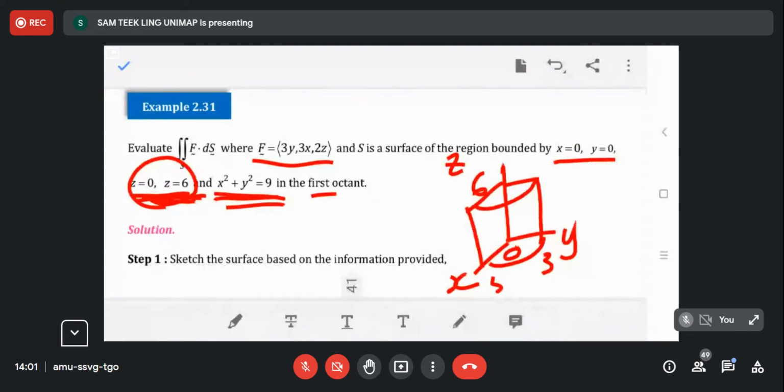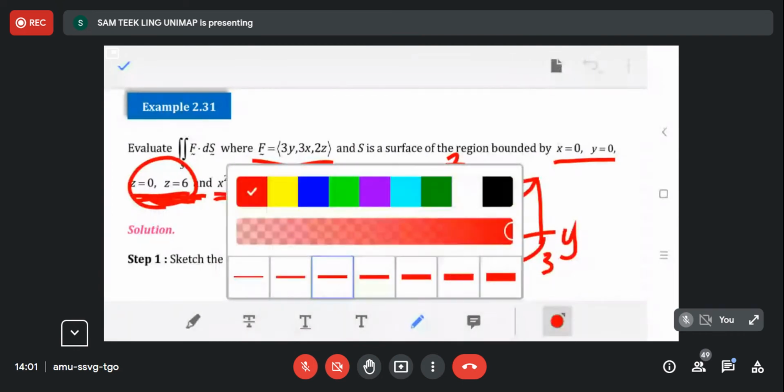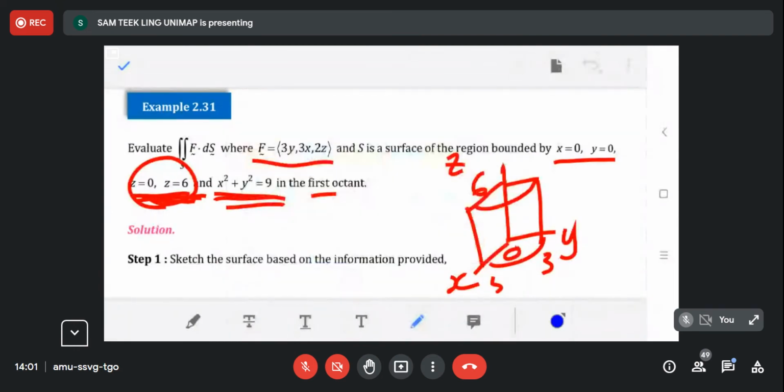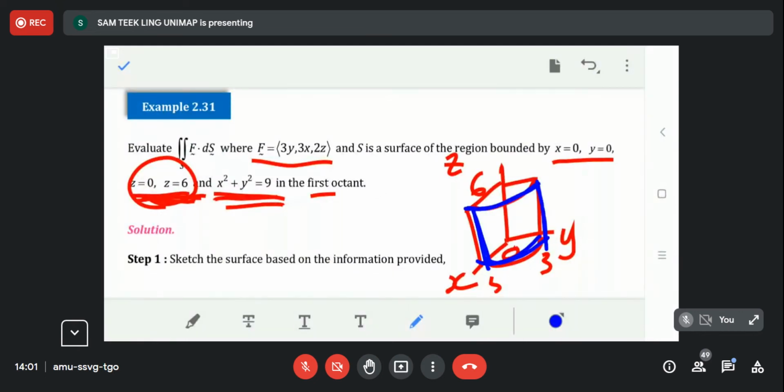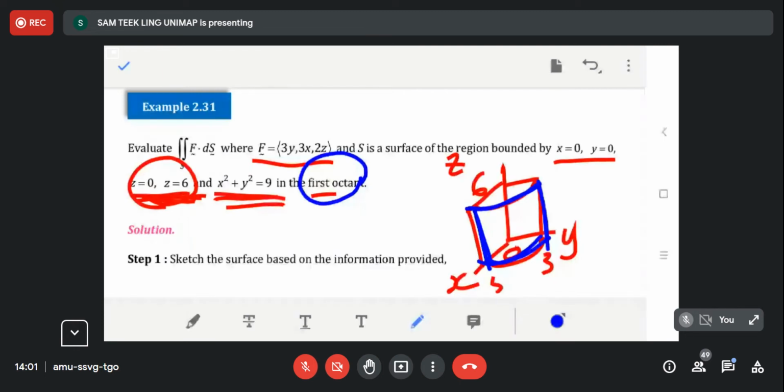So if you want to find the surface, the curved one is the surface we want to find. Then first octant is positive octant. You can see your x, y, z are all positive: 0 to 3, 0 to 3, 0 to 6.